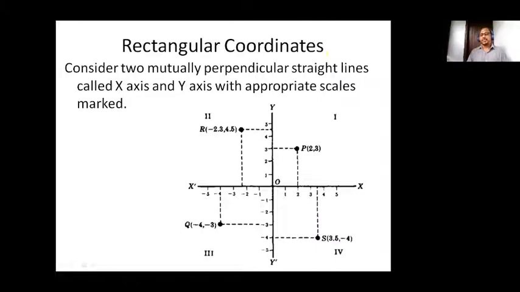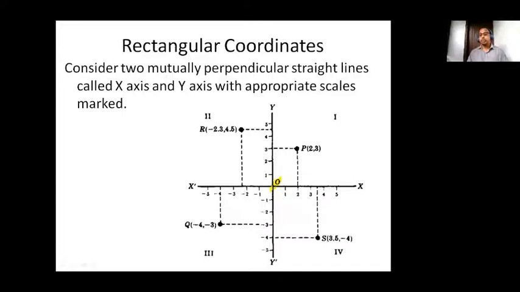Rectangular coordinates are very important as far as geometry and graphing are concerned. Consider two mutually perpendicular straight lines X'OX and Y'OY, which intersect at the point O. These two straight lines are marked with appropriate scales.